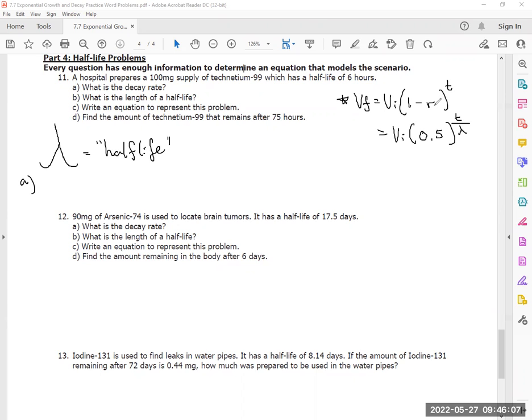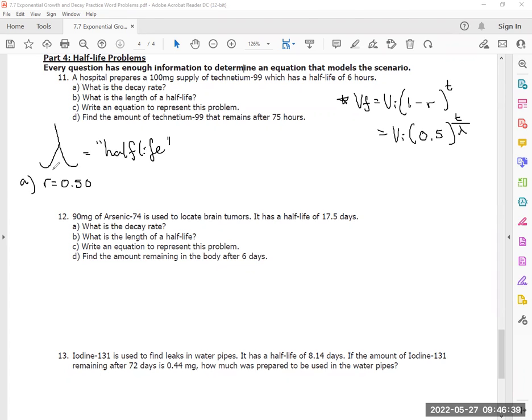What did I subtract by? 1 minus something gave me 0.5. 1 minus something is half. Yeah. My decay rate automatically is 0.5. So that was essentially a kind of a given question.